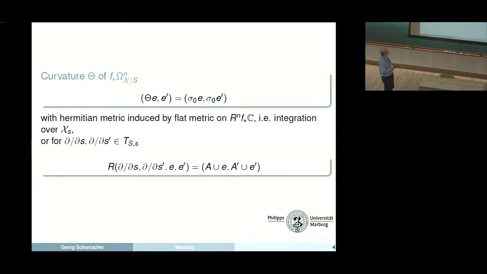Now, the other way of saying this is we look at the curvature tensor, so we plug in the two tangent vectors of S and two elements of the fiber, and then this is canonically given by this inner product.